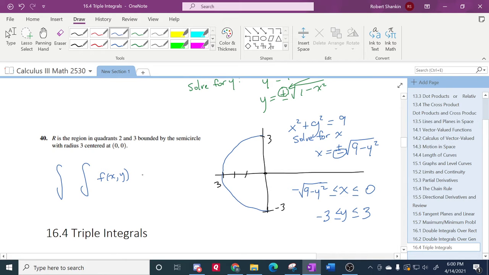The dx or the dy? The dx is on the inside and the dy is on the outside, because that's got to be constants. And then this goes from negative to 0. And that would be how the integral would get set up.